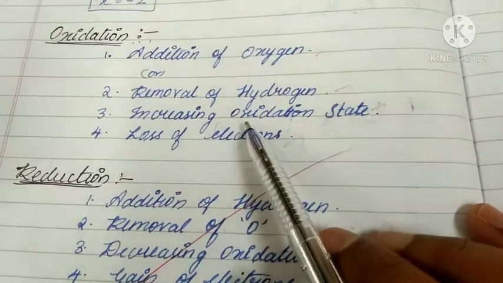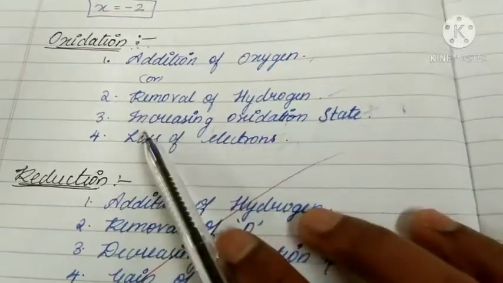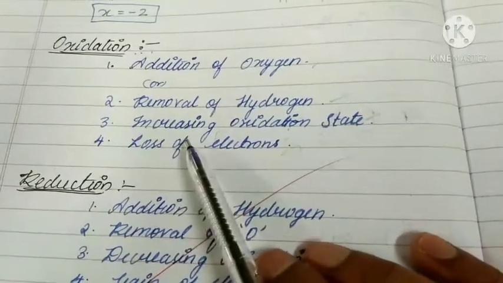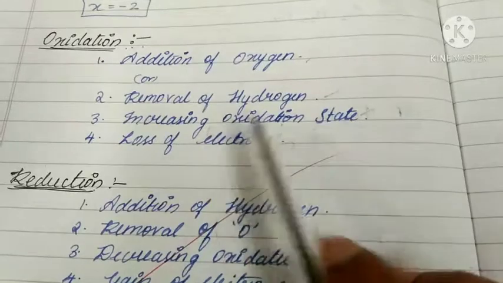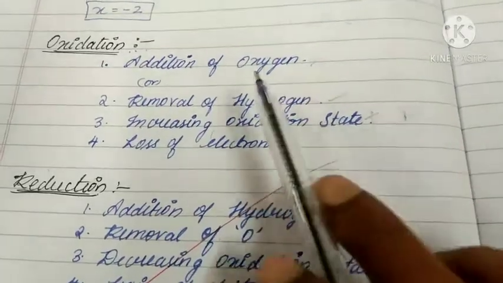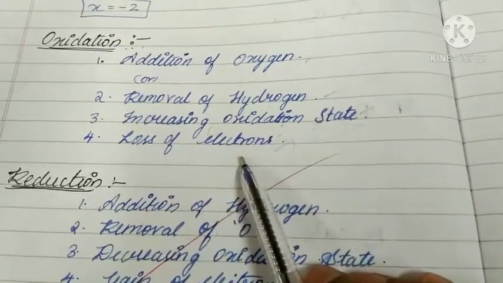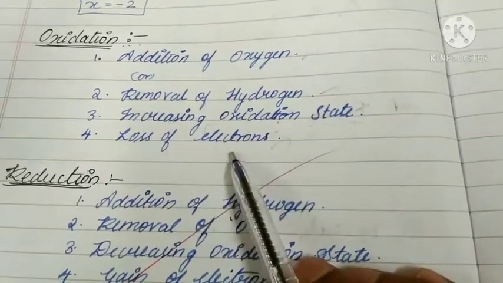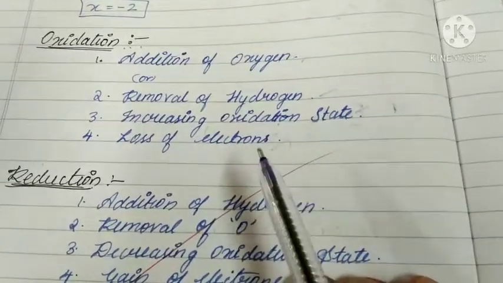Along with them, two new definitions are there, regarding oxidation. If oxidation state increases, that is also called oxidation. And loss of electrons, that means if your substance loses electrons, that is also called oxidation.